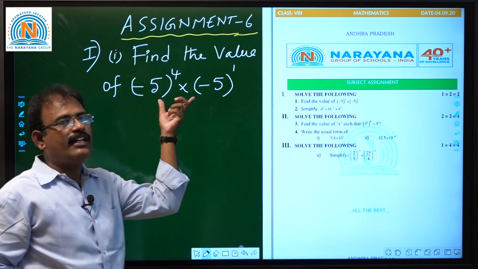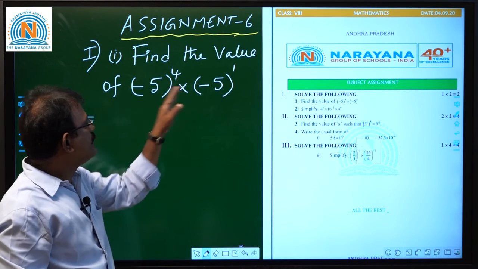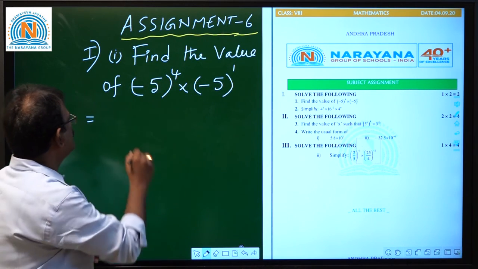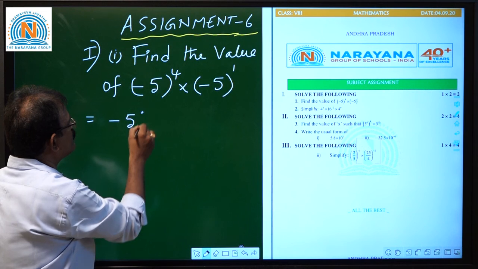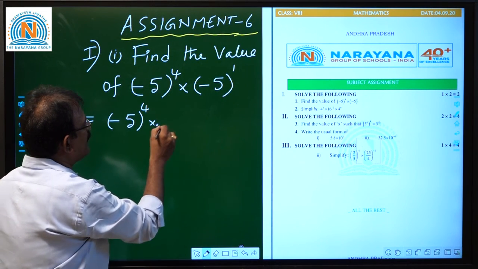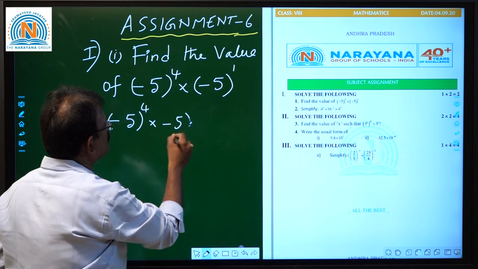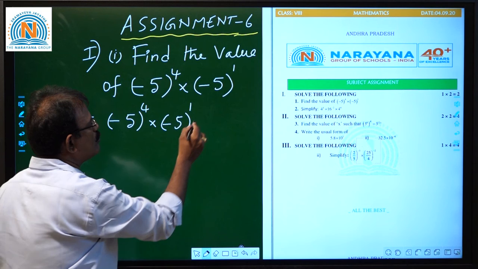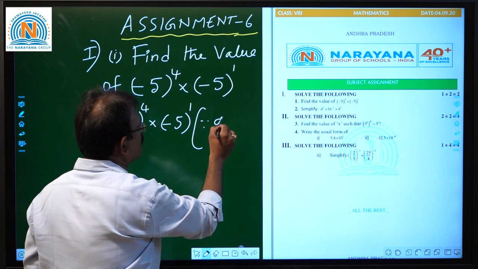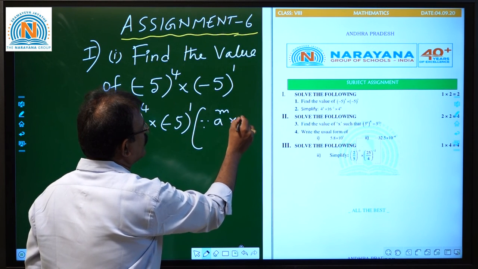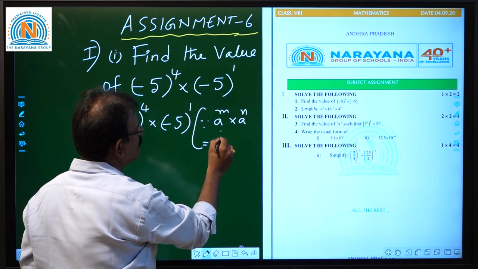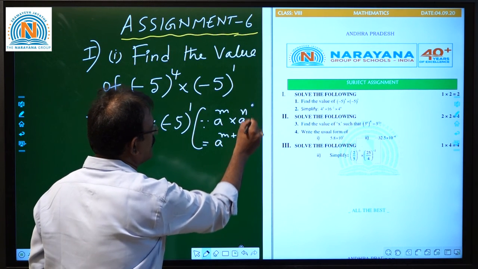So we need to multiply these two values: -5 raised 4 times as well as -5 raised 1 time. As you know, this is in the form of a^m into a^n is equal to a^(m+n).